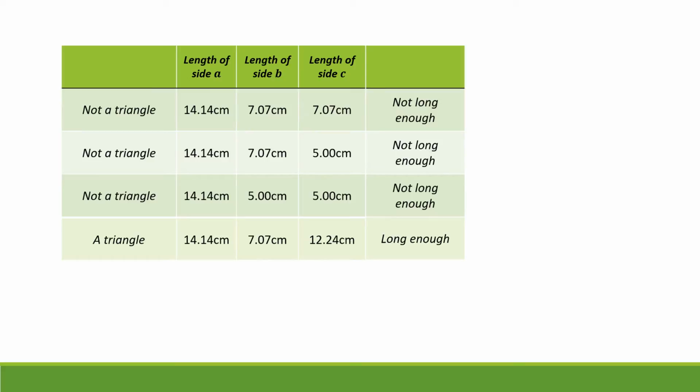What we observed was that the purple set that measures 7.07 centimeters was not long enough to match the length of the red one, which was 14.14 centimeters. Also, the orange one, measuring 5 centimeters each, was not long enough compared to the red one, again 14.14 centimeters.